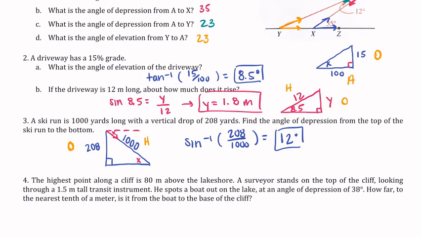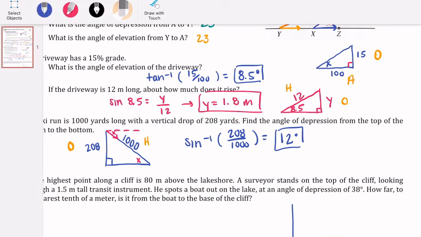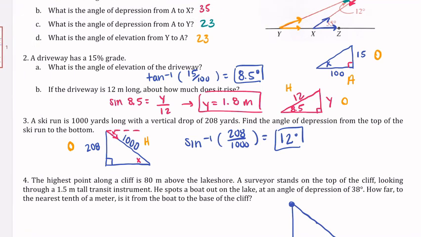So again, I'm gonna draw a generic right triangle diagram here. Again, how you draw this is kind of up to you. But if this guy is measuring from the top of a cliff, he is probably standing up here somewhere. Now it says that this cliff is 80 meters above the lake shore, so that is going to be a vertical measurement.